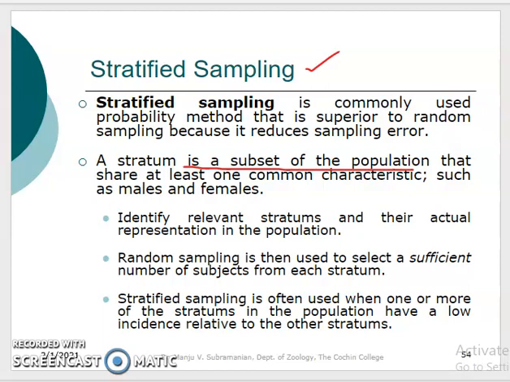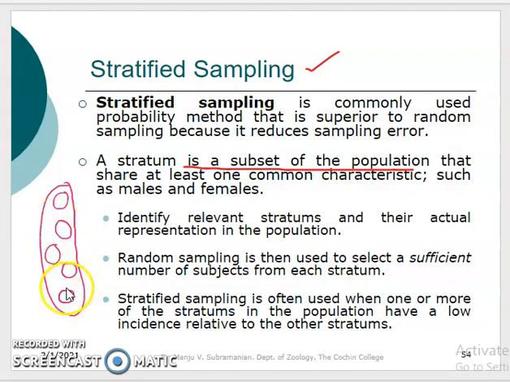For example, the selection of fishes from different strata like male, female, followed by the different maturity stages. So these are some examples. There will be a large population. According to stratified sampling, just consider this as a large population, and in that population there will be small strata, and we will be dividing this population into different strata.